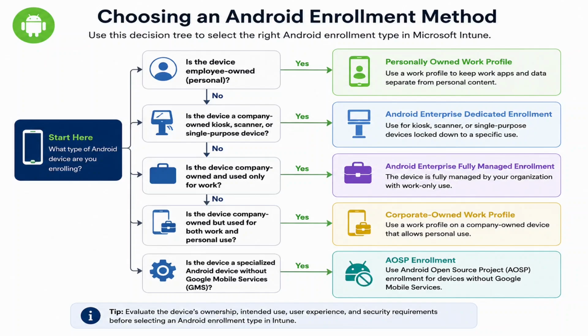For a company owned device used only for work, use Android Enterprise Fully Managed Enrollment. For a company owned device that permits both work and personal use, select Corporate Owned with a work profile. And for specialized Android devices without Google mobile services, consider the AOSP option.